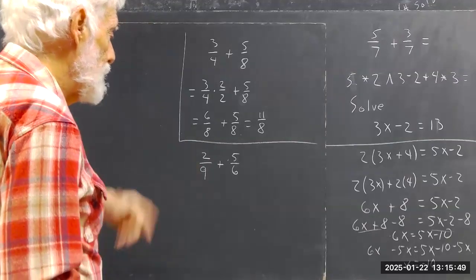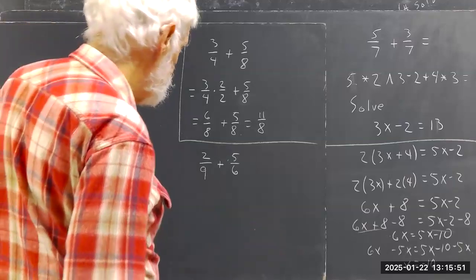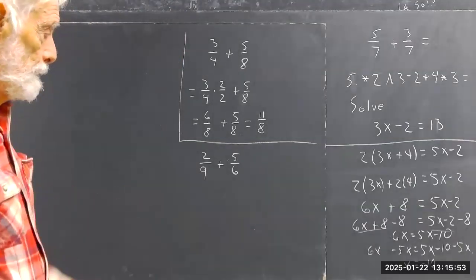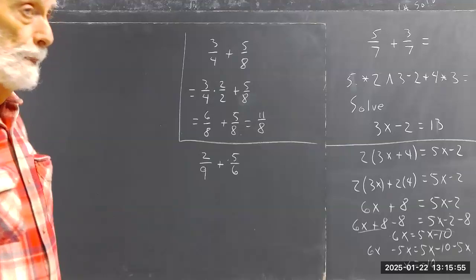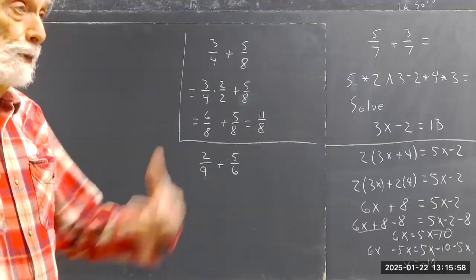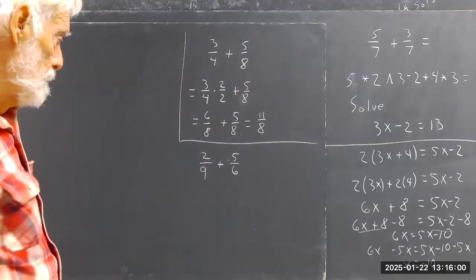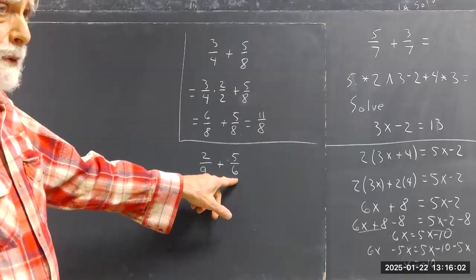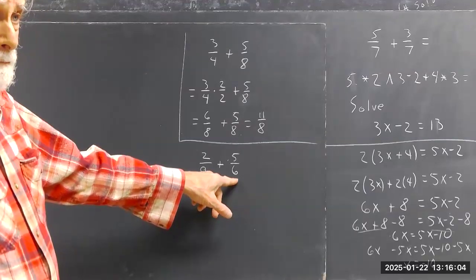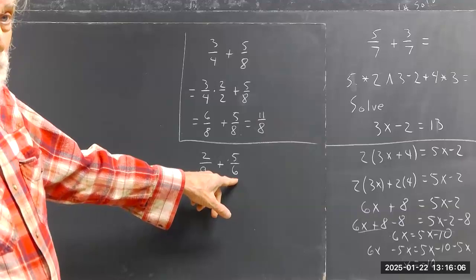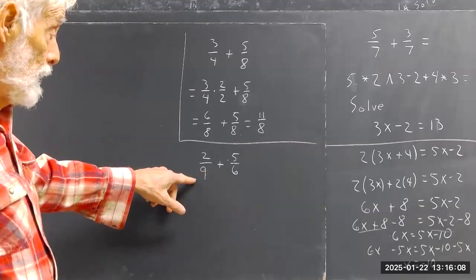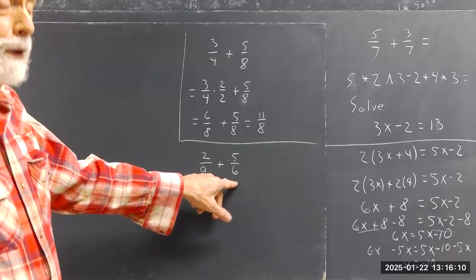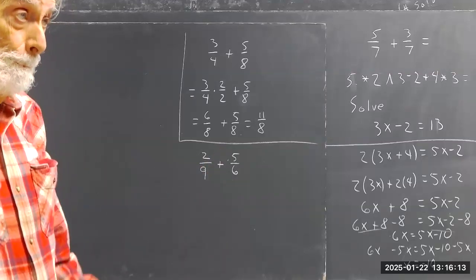But I'm just going to claim, well, what can I multiply 9 by? First thing I can multiply 9 by 2, right? It gives me 18. Is there something I can multiply by 6 to give me 18? Well, I just found it. So I multiply 9 by 2 and I multiply 6 by 3, and now I've got the same denominator, right?